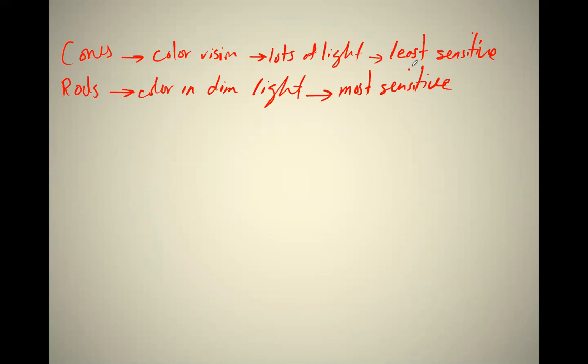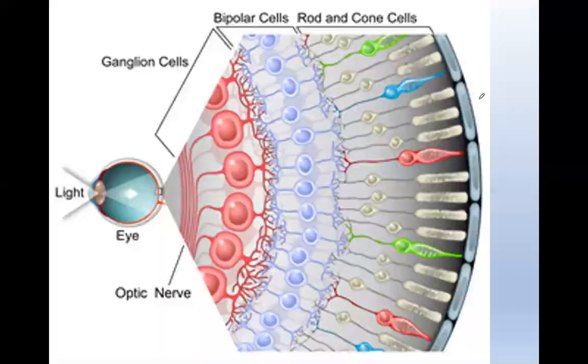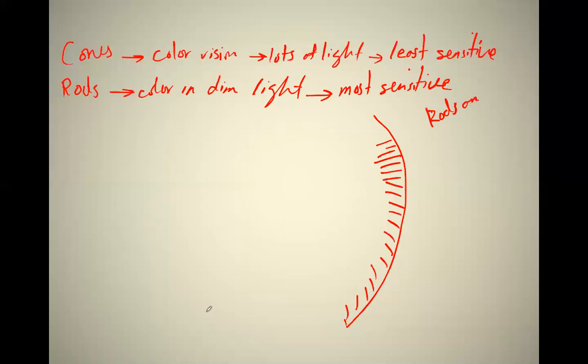Now, in terms of the path of the signal coming from your eyes, if you're looking at the posterior lining of the retina, we have the first layer, which would be your rods and cones.